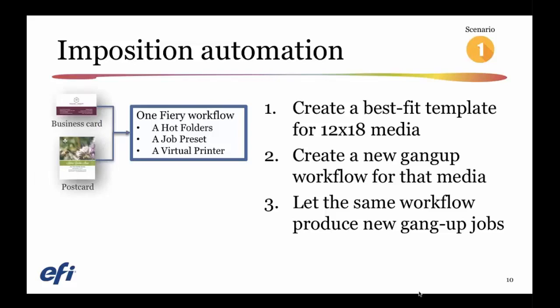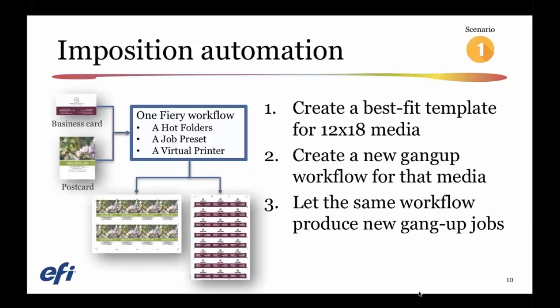That hot folder can take in different kinds of jobs, with different trim box sizes for each job, intelligently do the layout calculation on the fly and output the layout on that media. Say in our case it is 12 by 18.